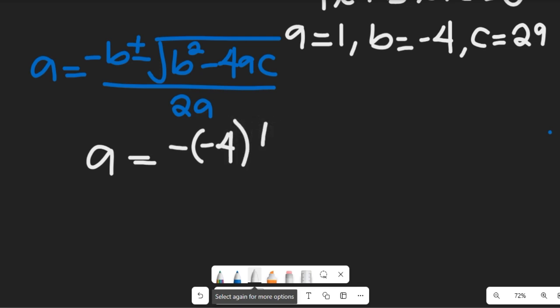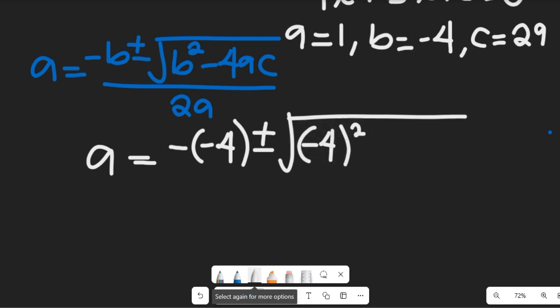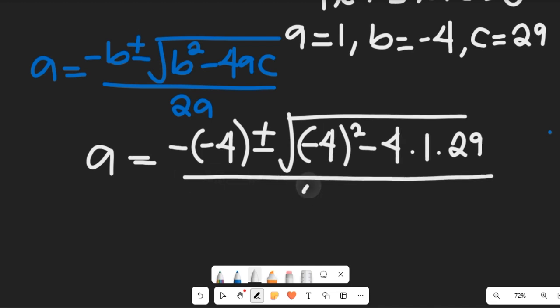And this will be plus or minus the square root of -4 squared minus 4 multiplied by 1 multiplied by 29, and this will all be divided by 2 multiplied by 1.